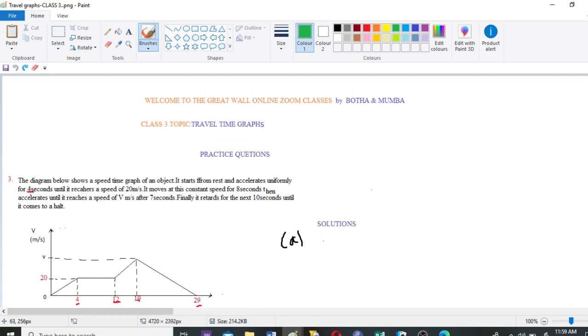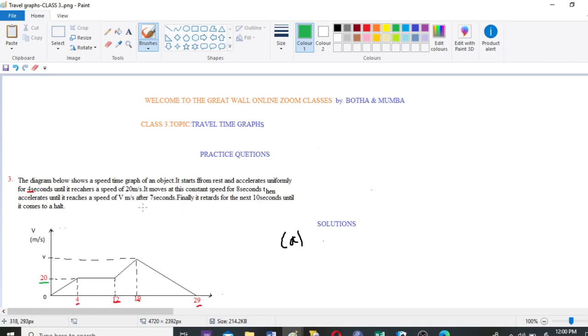So the question says, the diagram below shows a speed time graph of an object. This object started from rest and accelerates uniformly for 4 seconds until it reaches a speed of 20 meters per second. This is what you can see here in the graph.